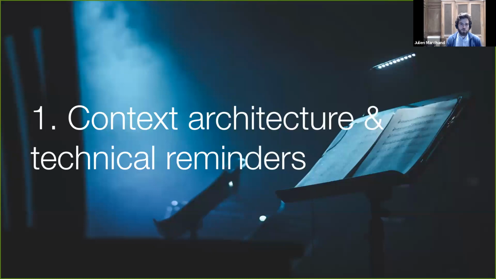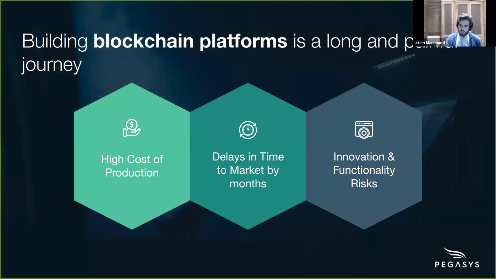So starting with the context architecture and a few technical reminders. When trying to build an enterprise application platform, you will have 3 major components to build or interact with.